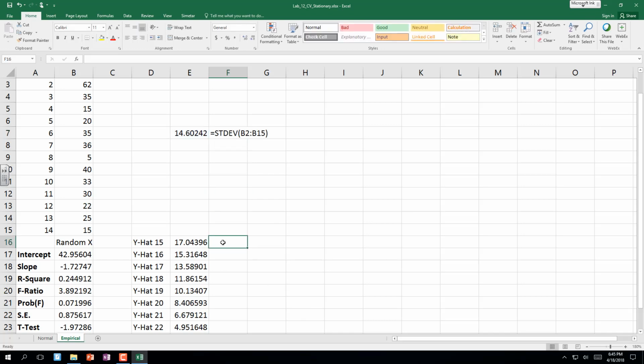So if I want to simulate this as a normal, okay, it's equal to norm, left parentheses, that's my mean, comma, and that's my standard deviation. Okay. We can simulate that.